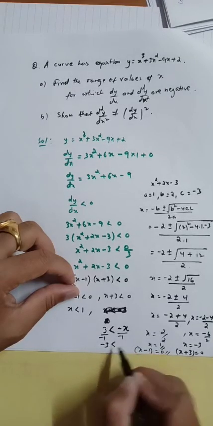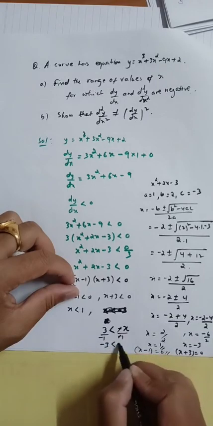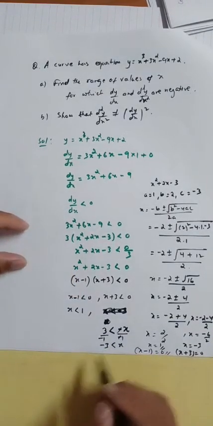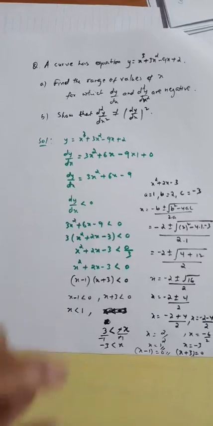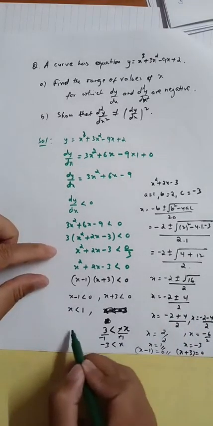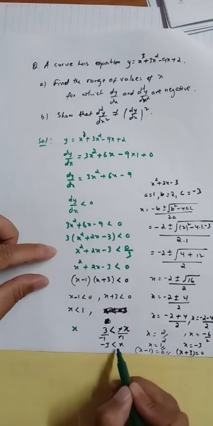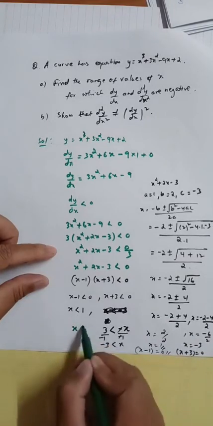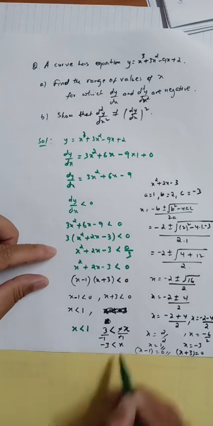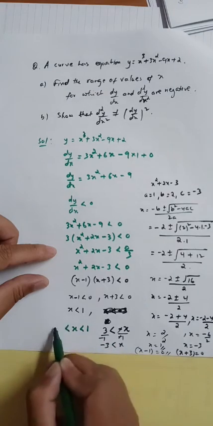So the inequality flips to greater than, the negative gets cancelled, and you get x greater than negative 3 and x less than 1.